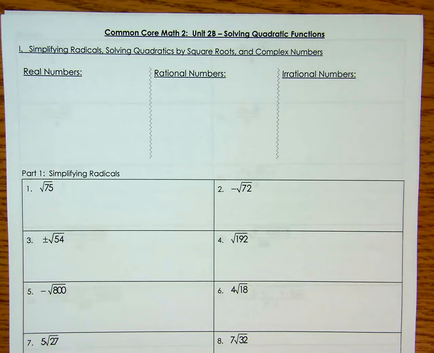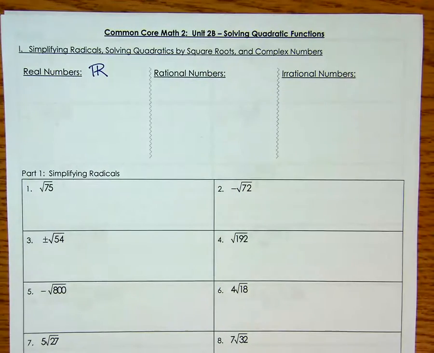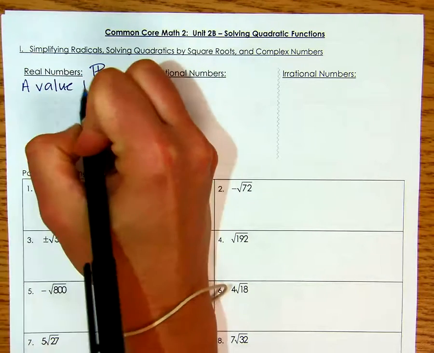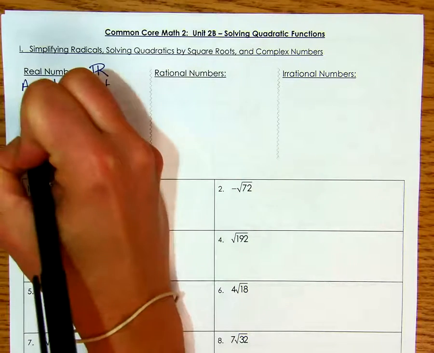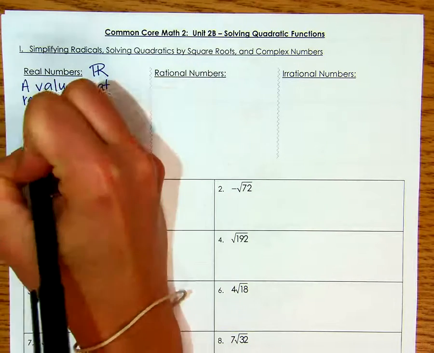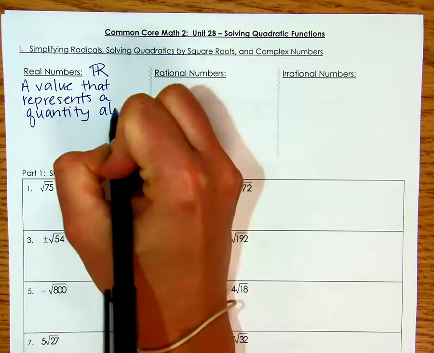We're going to start by defining some really important words that will help us in order to be able to simplify radicals. Because remember, we're not going to be using the calculator a ton. Real numbers, which we can denote with the R symbol, is a value that represents a quantity along a number line.